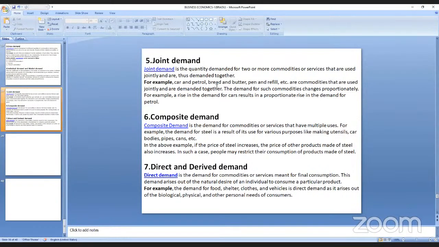Gold is a scarce good, very less available. Everyone cannot buy it. In such cases, people may restrict their consumption of products made of steel. Next there is direct and derived demand.